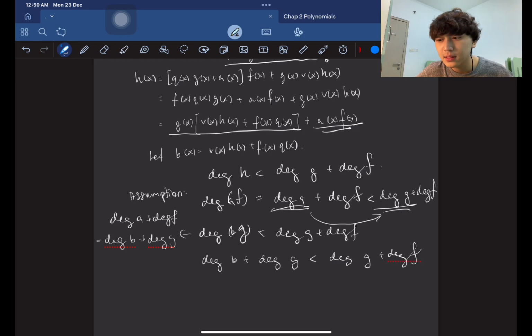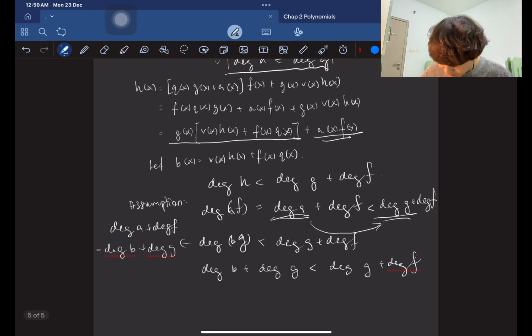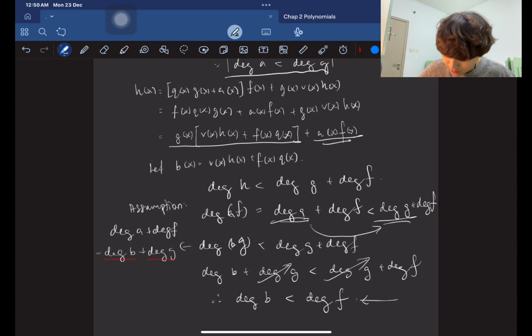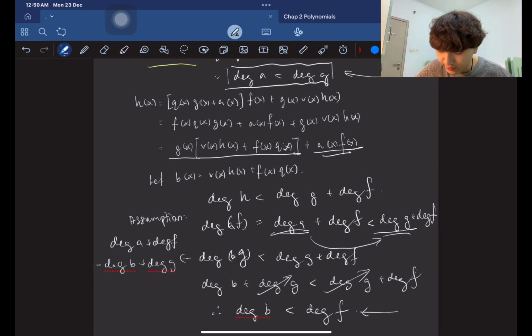From the definition we learned before, here we can cancel out the degree g. Then degree b is smaller than degree f. So both degrees we have proven.